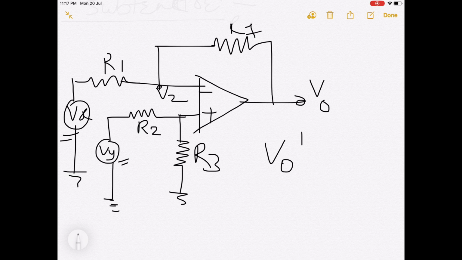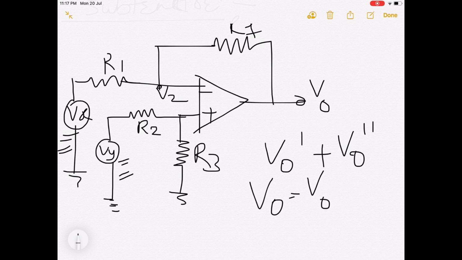Then again ground one input and apply the other input, and see the output voltage, that is VO double dash. The addition of these two, VO is equal to VO dash plus VO double dash, is nothing but your total output voltage.